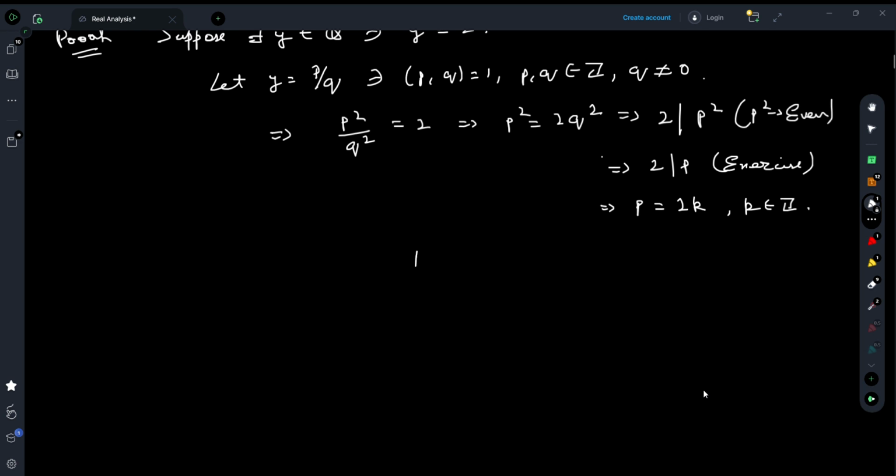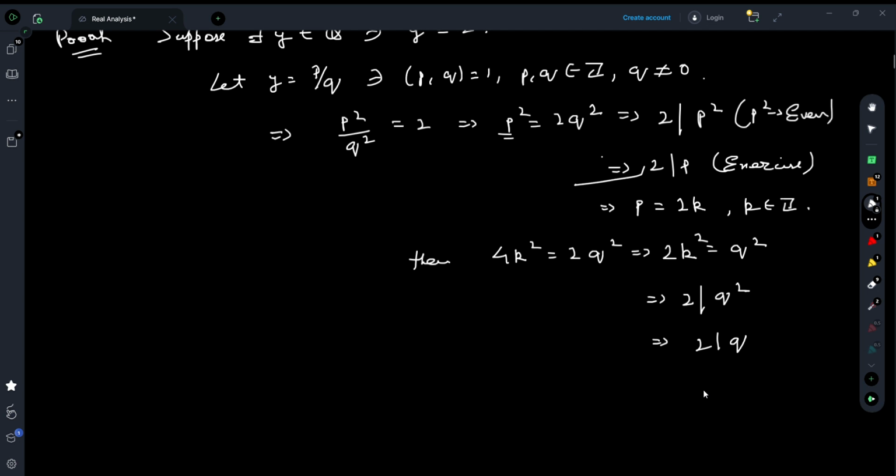Got it? Now if so, then putting 2k in place of p, we get 4k square is equal to 2q square, which implies 2k square is equal to q square. This again says that 2 divides q square, which implies 2 divides q.